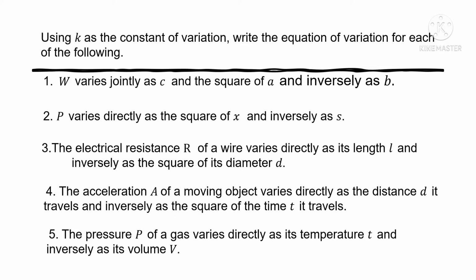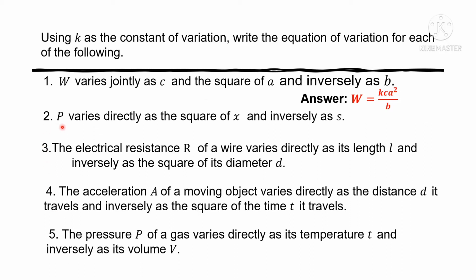So if you translate that into mathematical equation, the answer is W equals k times c times a squared over b. Okay, so that is the correct translation of this statement of combined variation.